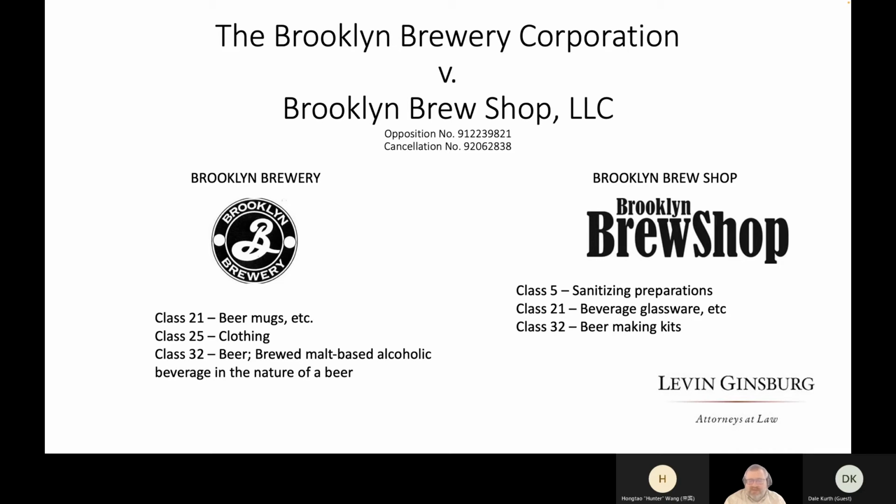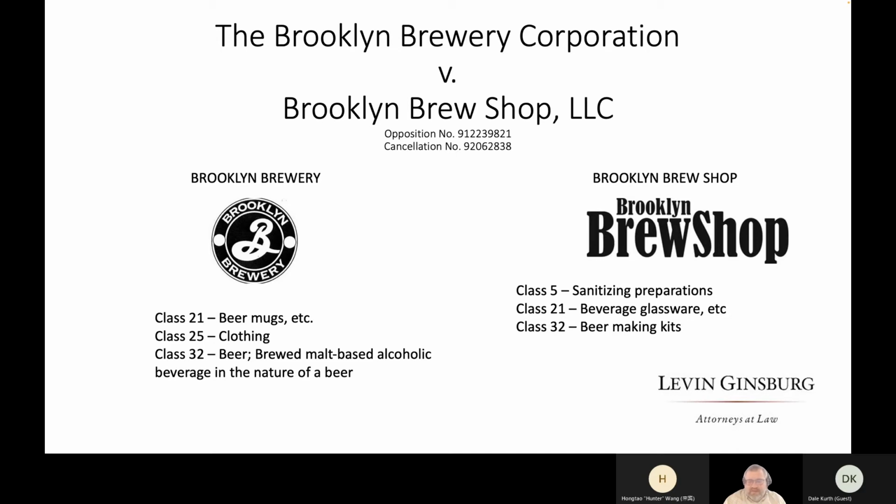And what was interesting about this is that when you look at the next factor, which is the goods, that was not presumed. Class 5 is for sanitizing preparations, which is the cleaning product that they would use to clean something before the beer making kit would be used inside the vessel.